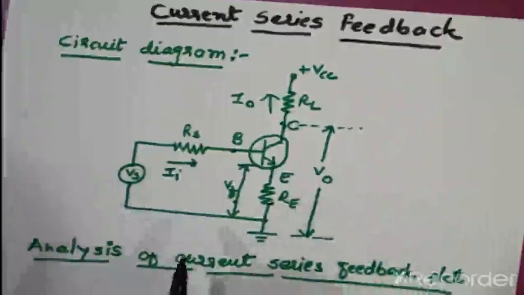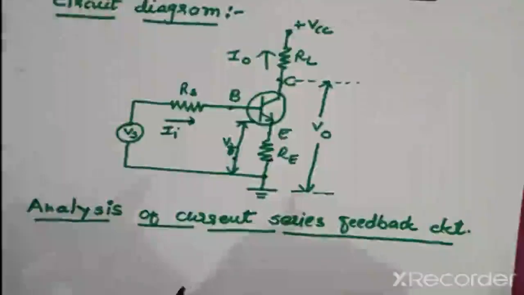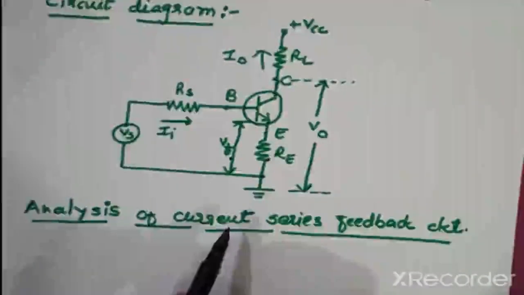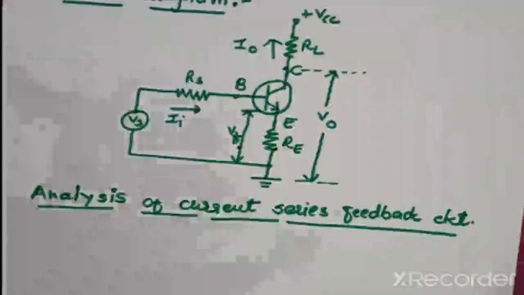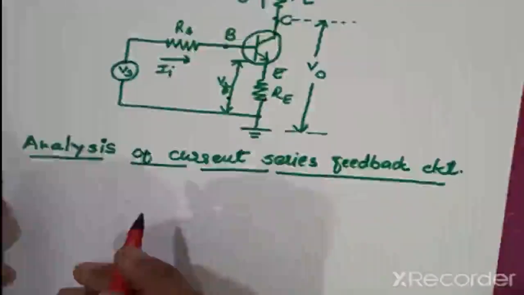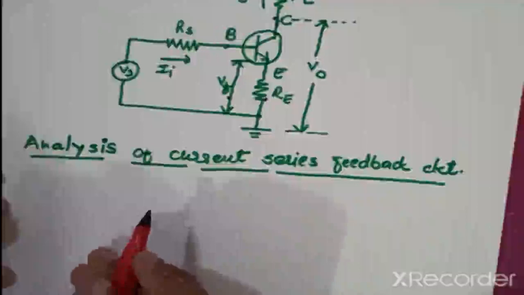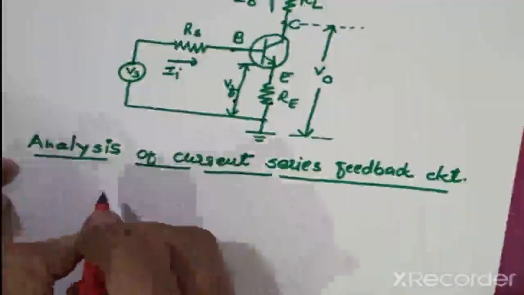Now let's analyze the circuit. To analyze this circuit we have to calculate its input impedance and output impedance. Firstly we calculate the input impedance, and for that we have to draw the block diagram of current series feedback.